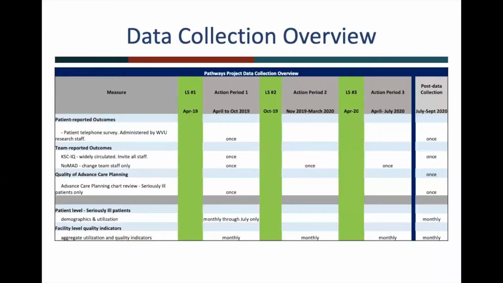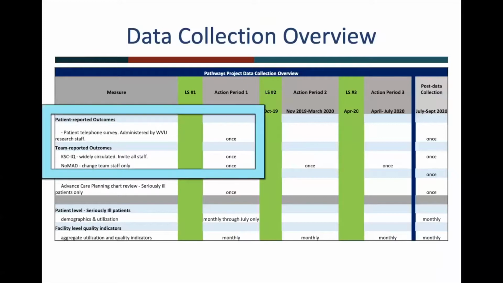So the first thing here, the first couple lines, these are the surveys. So one survey is to patients. We'll talk a little bit about that. You are not doing that survey. You are not consenting patients, but you are identifying the patients that will become the people we reach out to from the central interviewers to participate in the baseline and follow-up survey.